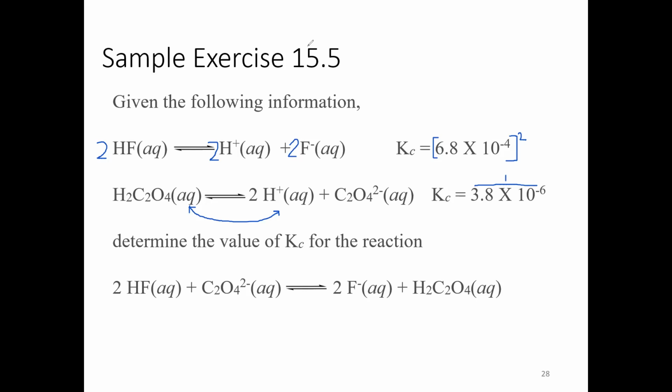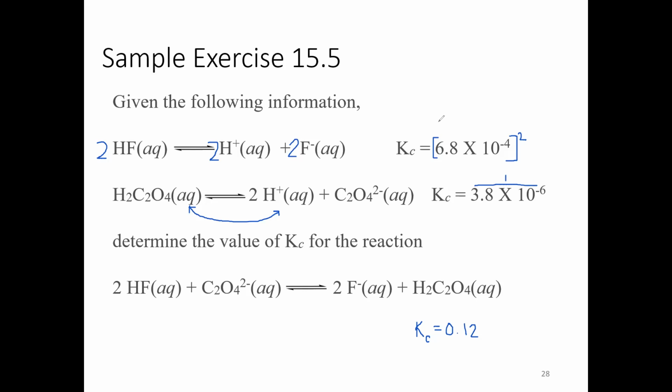When you multiply those two together, Kc will be equal to 0.12. How many sig figs do we want? We've got 2 in there, so we'll keep 2. And again, all I did was square this first one, since we multiplied it by 2, we raise it to that power. And with the second one, we just took the inverse.